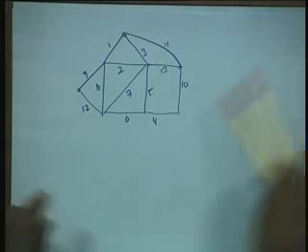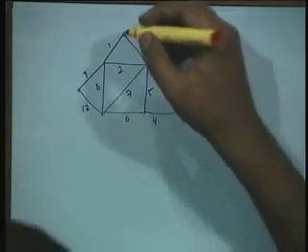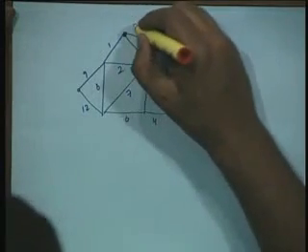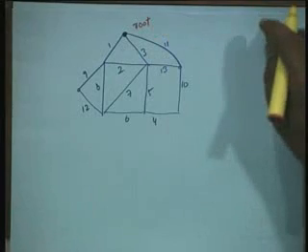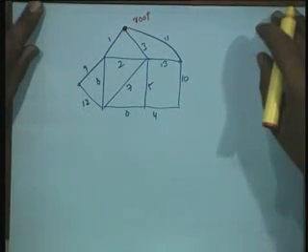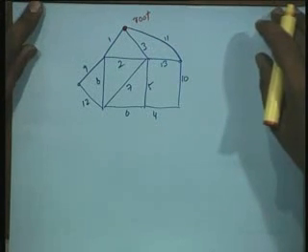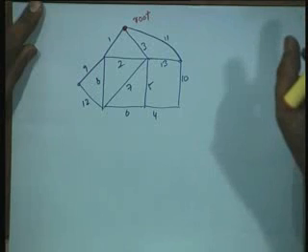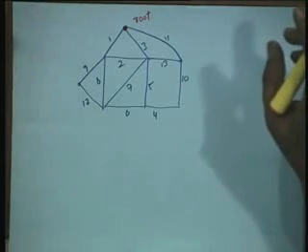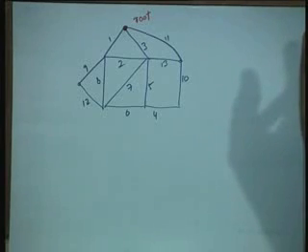Now how does Prim's algorithm work? So first we start from some vertex and we call this the root vertex, right? Now the first partition that I am considering, the first cut I am considering is the root versus everyone else, right?